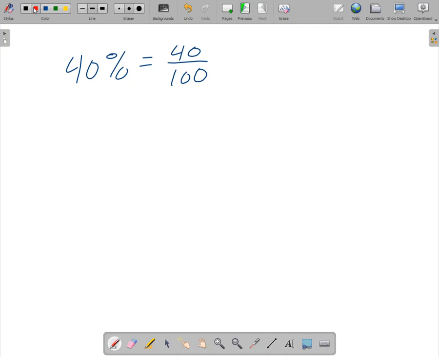Not 40, that's too big. We could divide by 10. Yeah. So I could divide top and bottom by 10. And remember back on one of our previous tests, I recommended when you're reducing fractions, write down what you're doing. Don't just think it. 40 divided by 10 is what? 4. 100 divided by 10 is 10.